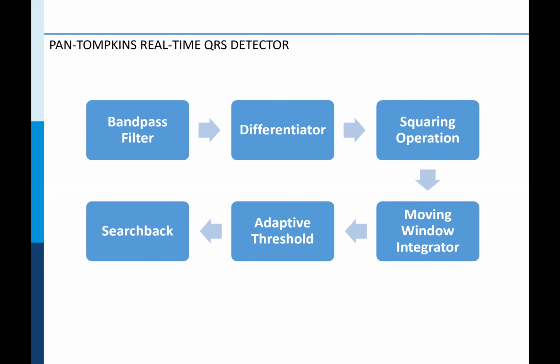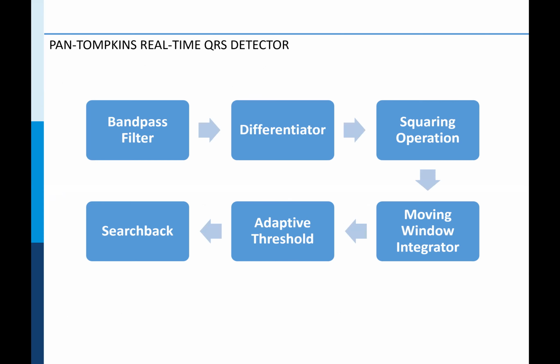This is a block diagram I would like to point out. An ECG signal goes through a bandpass filter. The idea of the bandpass filter is essentially to enhance the QRS complex in the ECG. Then it goes through a differentiation process, followed by a squaring operation. The final filtering is a moving average or moving window filtering.